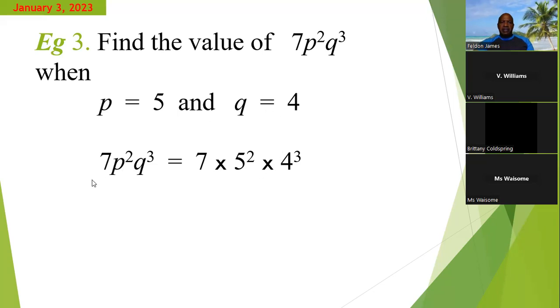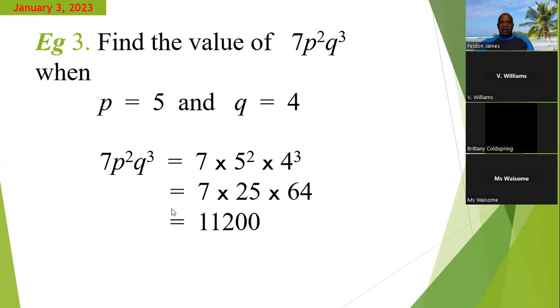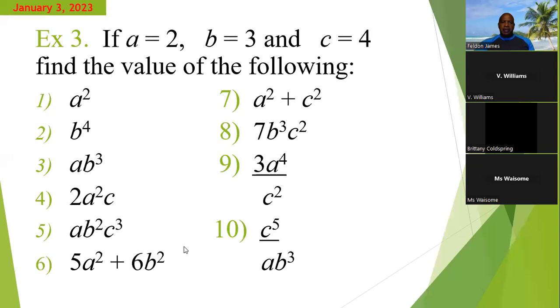And because this is a product, the multiplication sign must reappear. And then now we continue by expanding the powers. And then now we multiply out everything, we get our final value. Here we would have gone through these already. We would have worked these exercises in class.